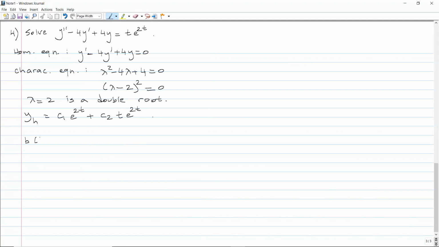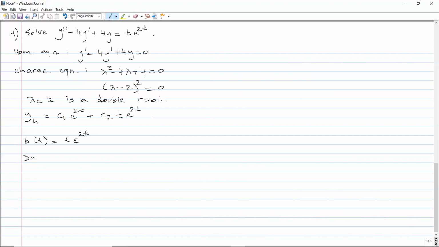Now, the function b(t) is t e to the 2t. So when you take derivatives, since b(t) is a product, t times e to the 2t, in the derivatives you will get two kinds of functions: t times e to the 2t, or just the exponential part when you take the derivative of t.